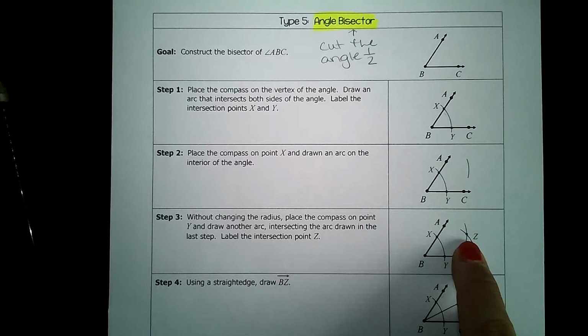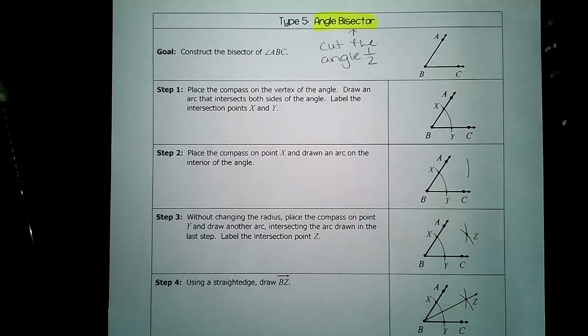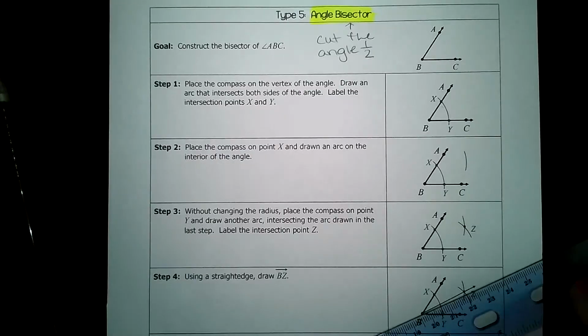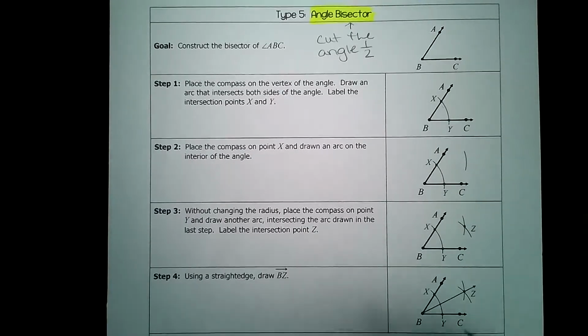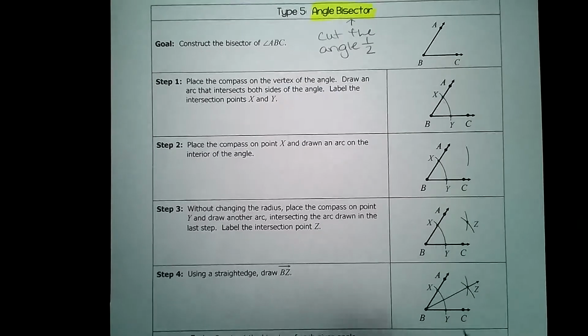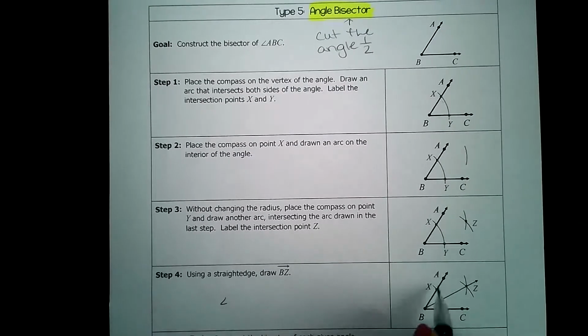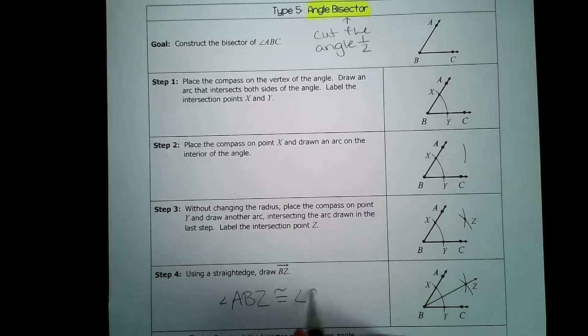Label that point of intersection Z. Finally, grab your straight edge and connect point B to Z. When you do that, you've cut ABC into 2 equal angles. Here we'll get that angle ABZ is congruent to angle CBZ.